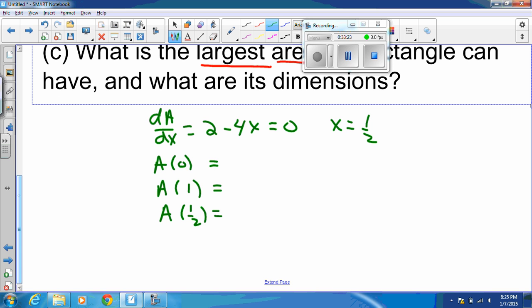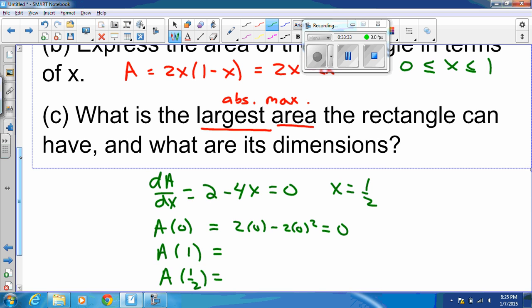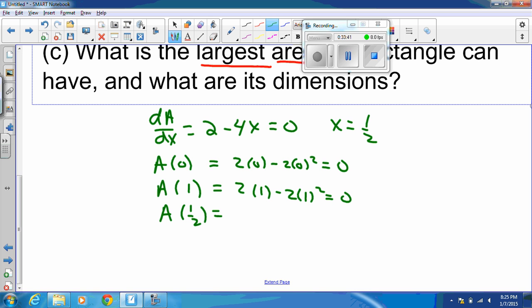So now I compute the area at 0, the area at 1, and the area at 1/2. When I compute the area at 0, pretty obviously I get 0. When I compute the area at 1, I get 2 times 1 minus 2 times 1 squared, which is also 0.